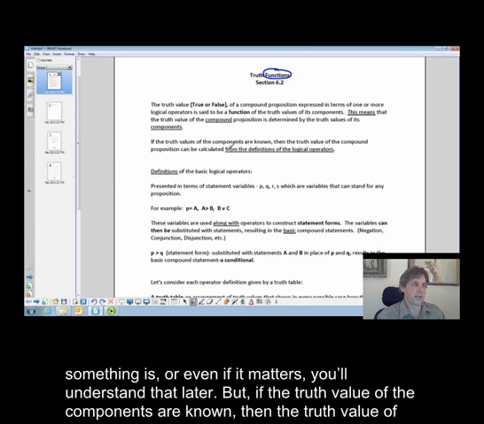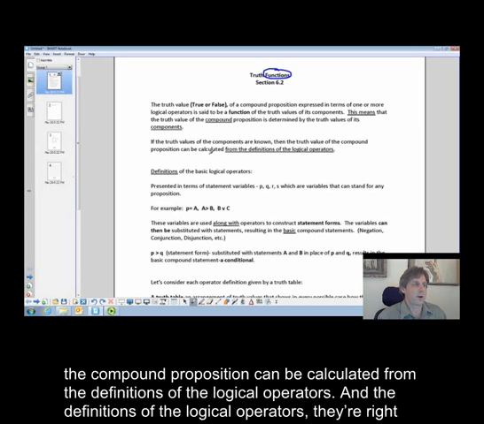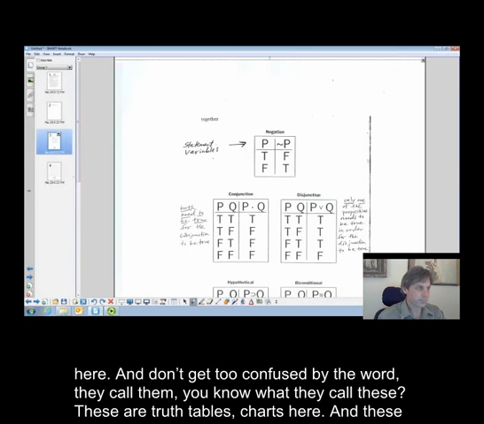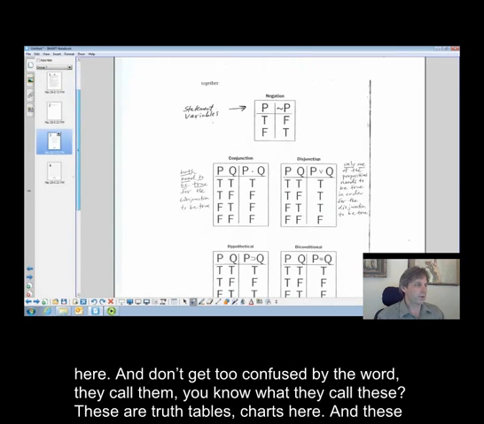You'll understand that later. But if the truth values of the components are known, then the truth value of the compound proposition can be calculated from the definitions of the logical operators. Okay, and the definitions of the logical operators are right here. And don't get too confused by the word.